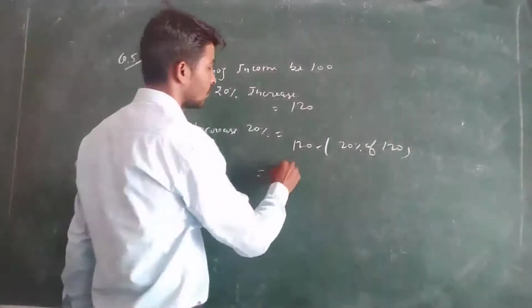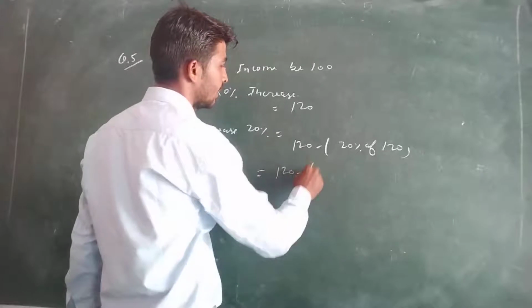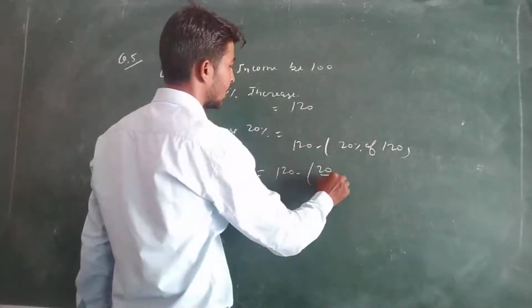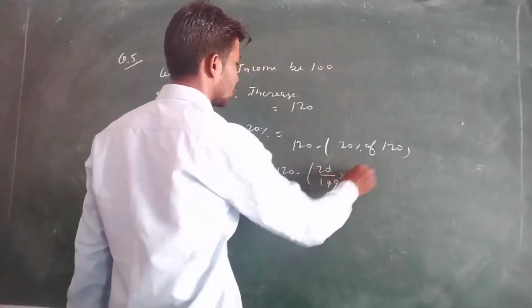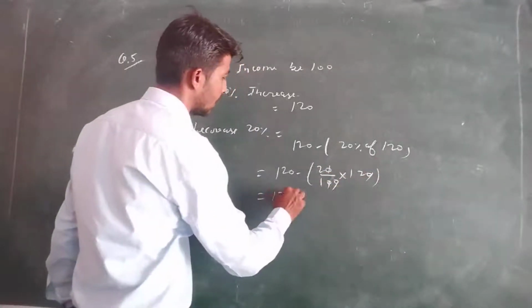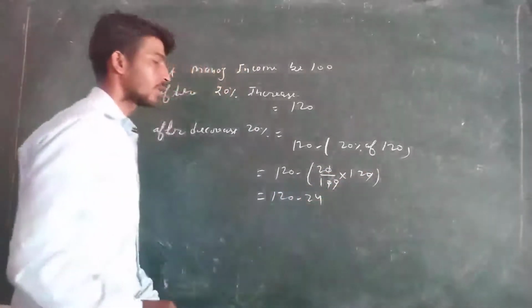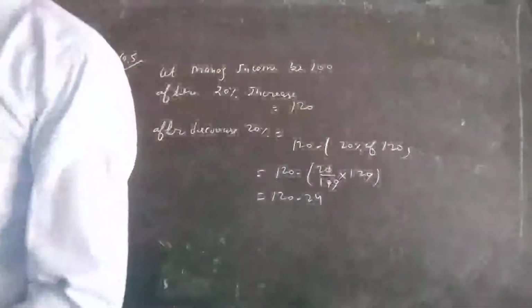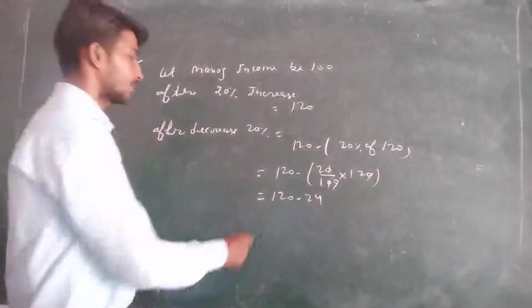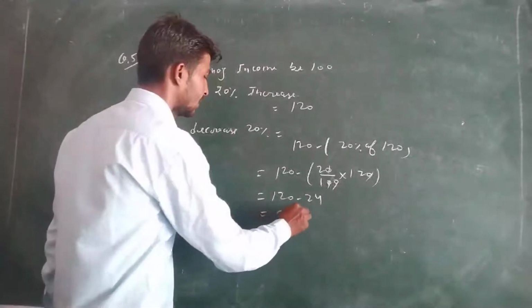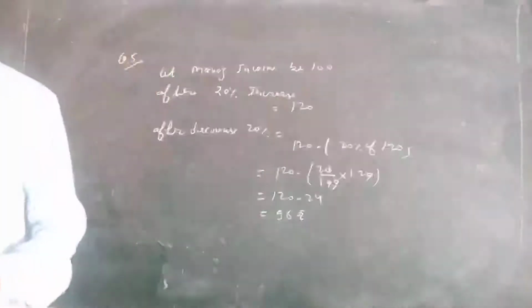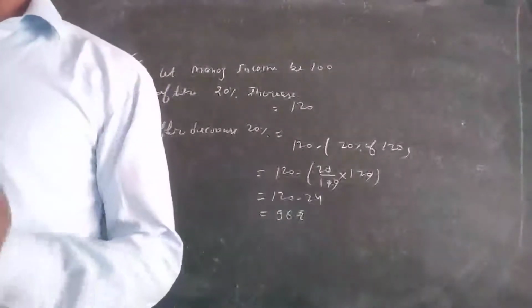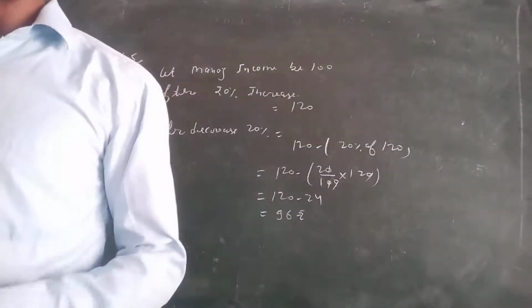Simply you can solve this situation. 20 upon 100 multiplied by 120 is 24. Okay, so 120 minus 24. How much is this? 96 rupees. 96 rupees. Clear?